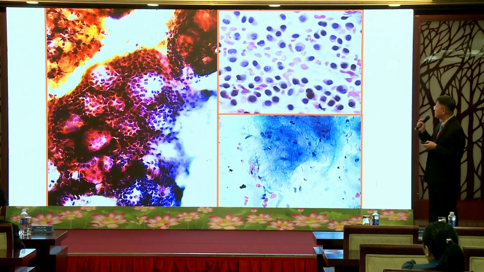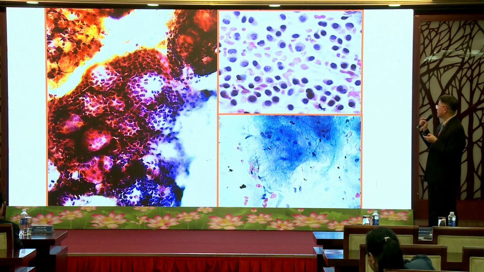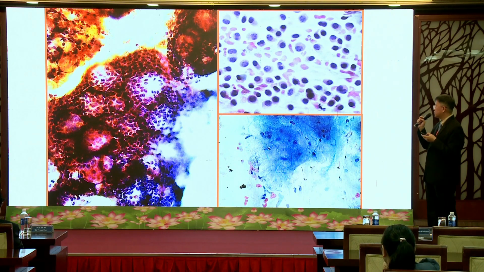So you can see the comparison. On the left side is an adenoid cystic carcinoma. It usually comes with a three-dimensional cluster of cells with a very nice spherical matrix, which represents basement membrane material. For pleomorphic adenoma, the cells are usually dispersed, loosely adhesive, and the matrix is fibrillary with ill-defined borders.